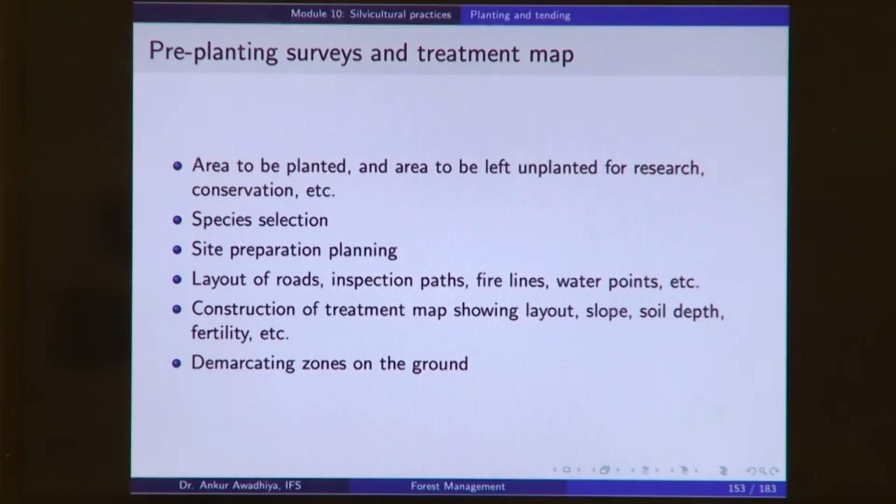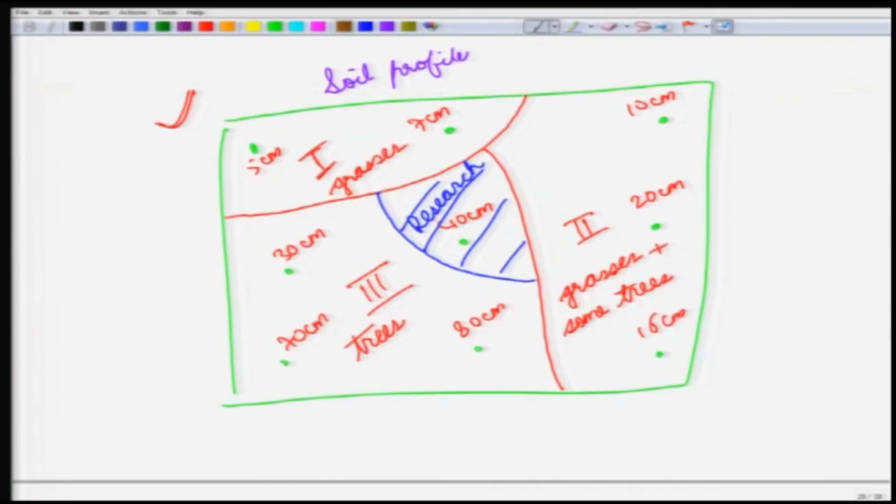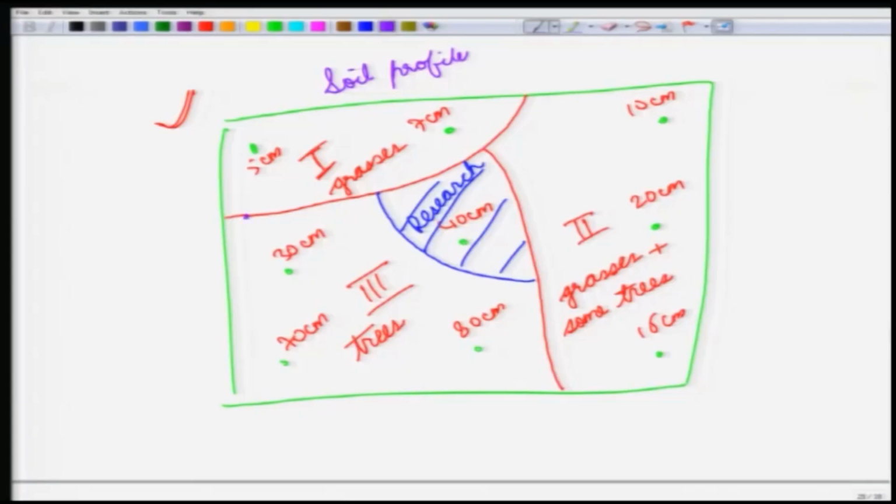The next point is to demarcate these zones on the ground. So, here we talked about how we are going to do this plantation, but then these lines which you have drawn on the map will now also be pointed out on the ground itself, probably through the use of certain stakes, or in certain cases you may put rocks that are painted with limestone, with lime, so that these rocks look white in color.